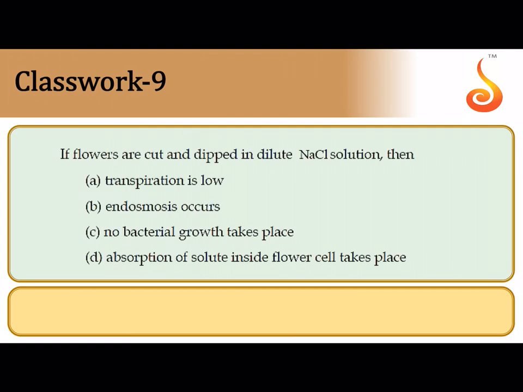If flowers are cut and dipped in dilute NaCl solution, then since it is not a concentrated solution, it can be considered hypotonic in comparison to the cell of the flower. Say this is the nucleus of the cell and this is the vacuole. Inside the cell the conditions are hypertonic in comparison to the outside. So what can you expect?